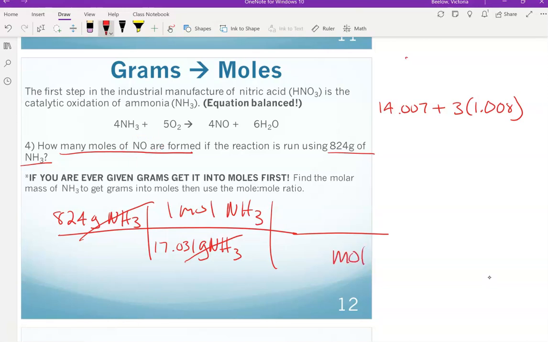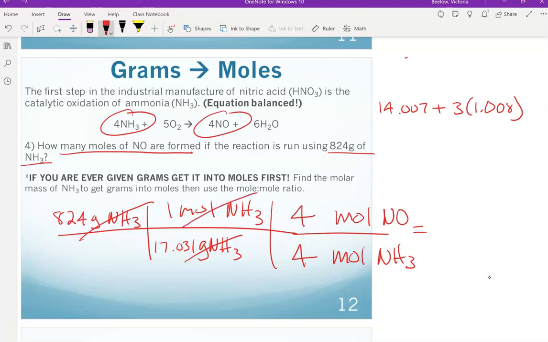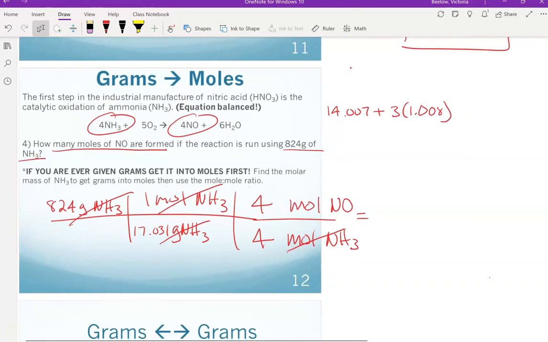So I'm going to write my unit here so they can cancel, moles of NH3. Now this time I'm getting it from the balanced chemical equation, which is 4. And then above that, I'm going to convert to the substance I want my answer in, which is NO, that's nitrogen monoxide. And according to the balanced equation, that is also 4. Now, if you were to simplify this and put 1 and 1, that is fine. That's still going to give you the same answer.